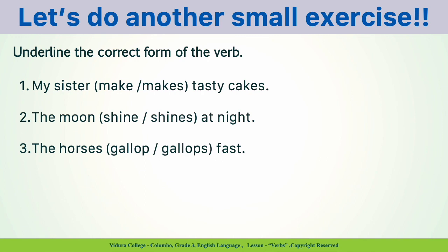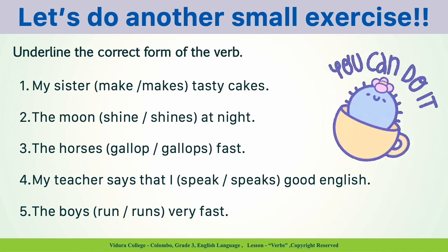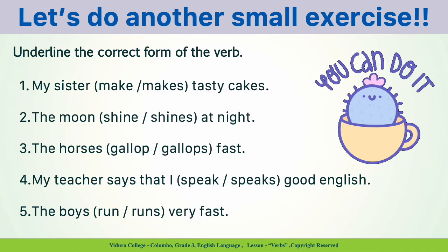The horses gallop or gallops fast. Fourth one. My teacher says that I speak or speaks good English. Fifth one. The boys run or runs very fast. Okay, children, now let's do this exercise.